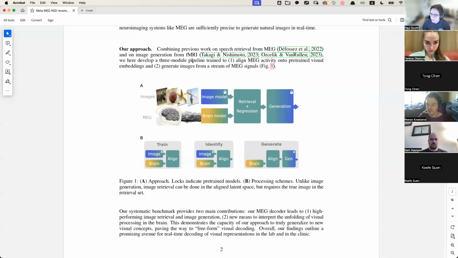Let me know if I'm misunderstanding what you're saying. So essentially, one aspect is that just because you can't decode something doesn't mean that the information isn't there necessarily. And so almost like a false positive, I guess.